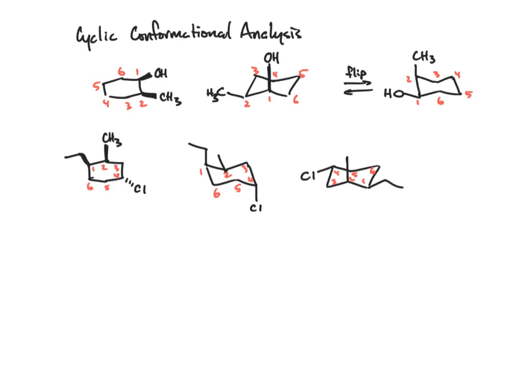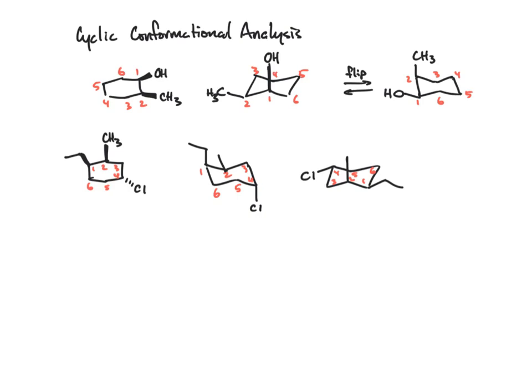So what's the relationship now between those two? They're the same molecule, but they're conformers of one another. So the difference between them is what? So it's a chair flip.